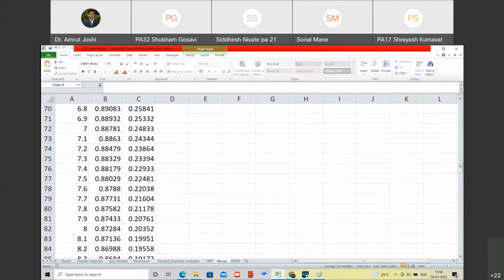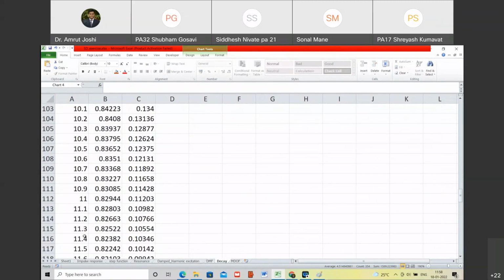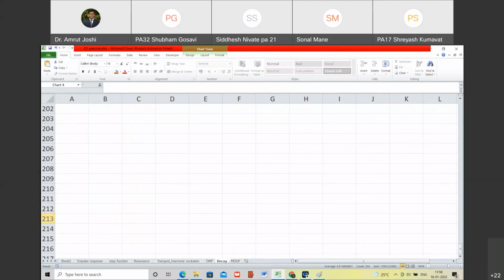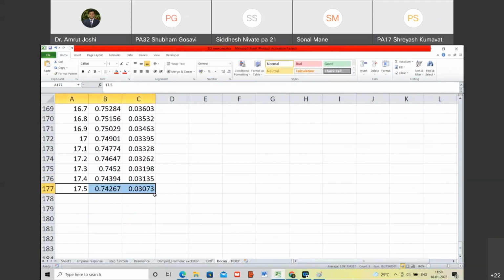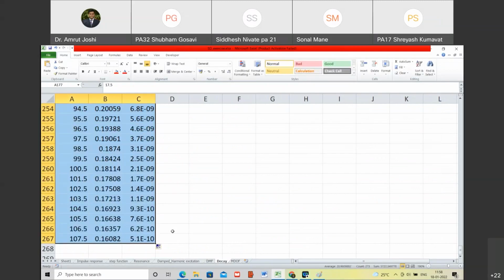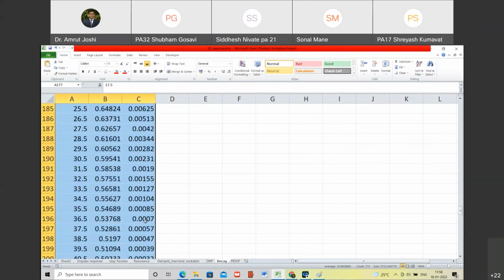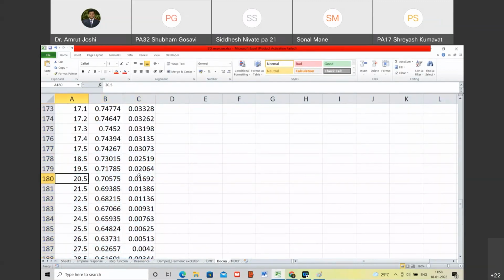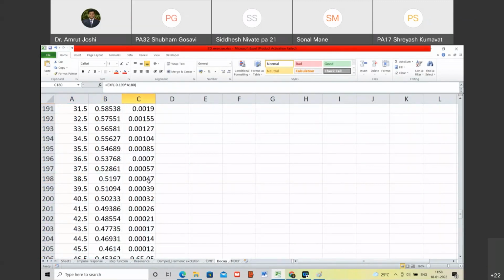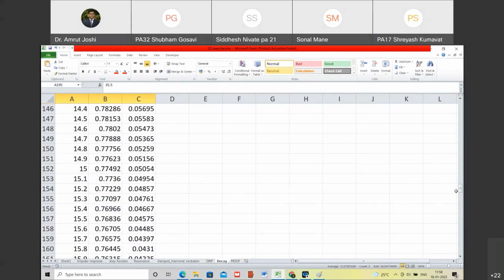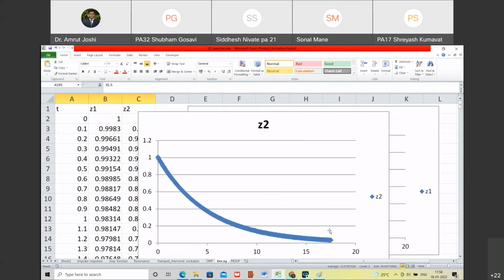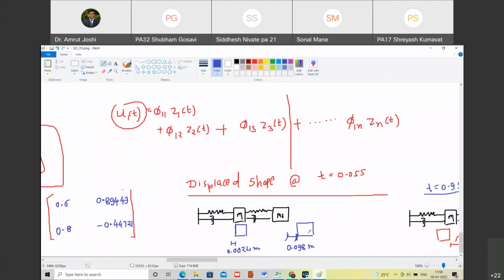If I stretch this graph further, are you with me? Somewhere here, after 35 seconds, it has almost gone to zero. Do you agree with me? Yes. तो अब जरा ये रिस्पॉन्स देखो.